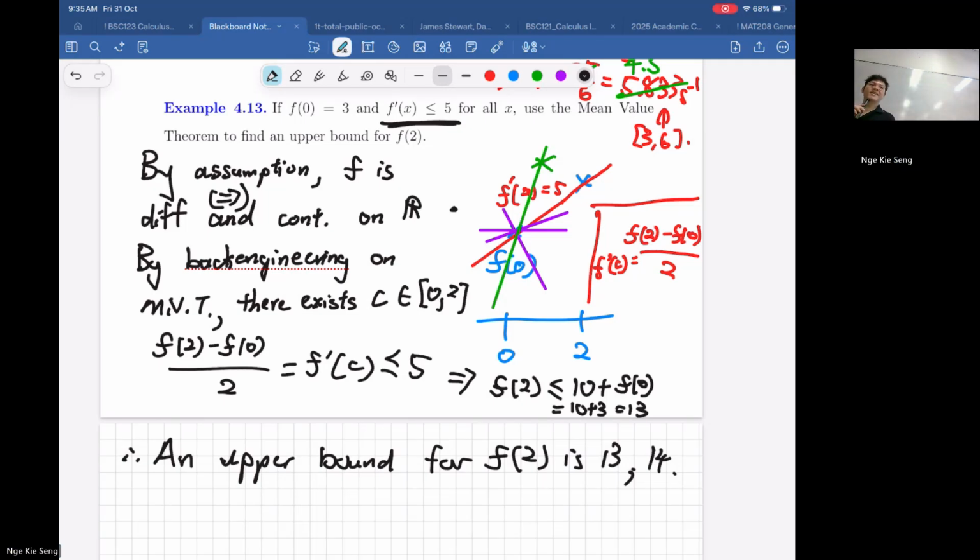Any idea? I proved that f2 is less than or equal to 13, so can I let my upper bound be 14?